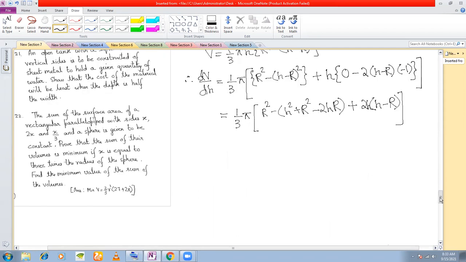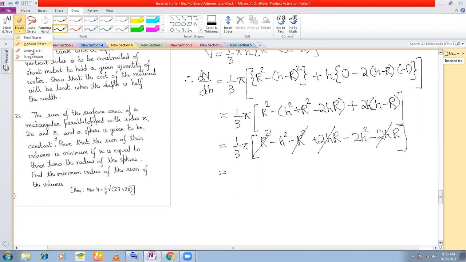Okay, so now this will be 1/3 pi. Now you have R square minus h square minus R square plus 2hR, and you multiply with h throughout, minus 2h square minus 2hR, right? So there are certain things that will cancel here. For example, this R square will cancel, plus 2hR and minus 2hR are going to cancel. Oh, this should not cancel because this is not minus.